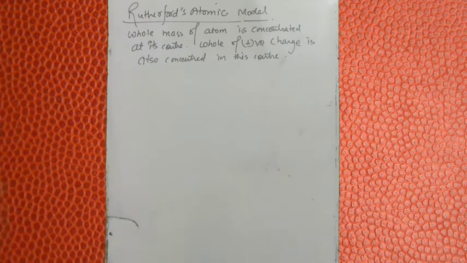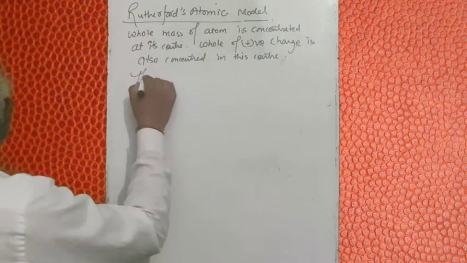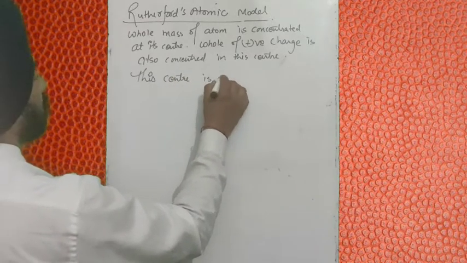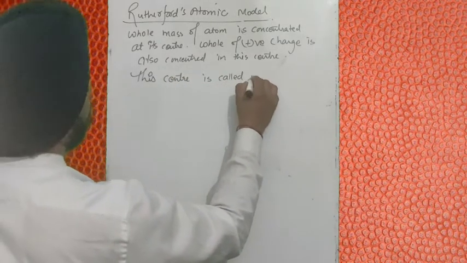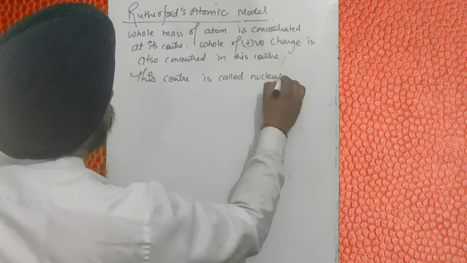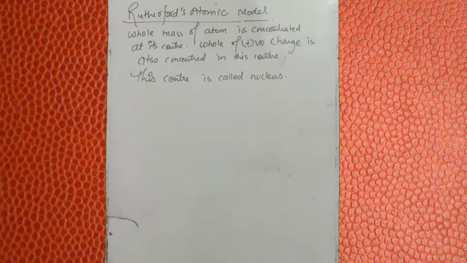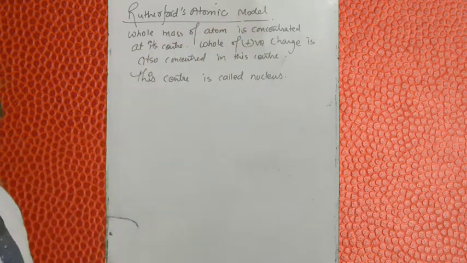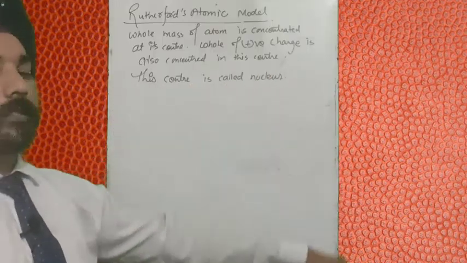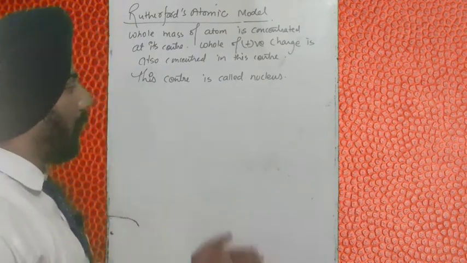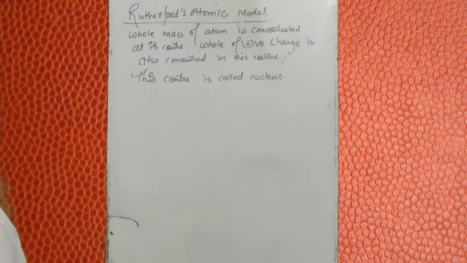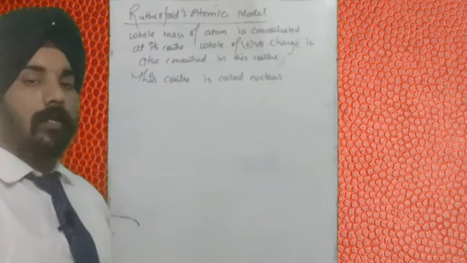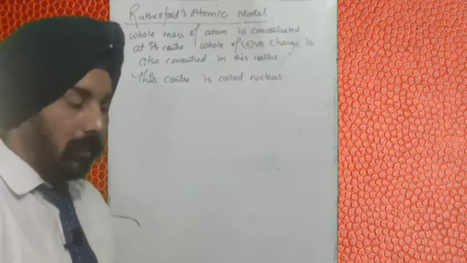Okay, and this center is called the nucleus. Whole mass is concentrated in the center, whole positive charge is concentrated in the center, so this center is called the nucleus. After that he told that electrons are revolving around this nucleus in certain paths.